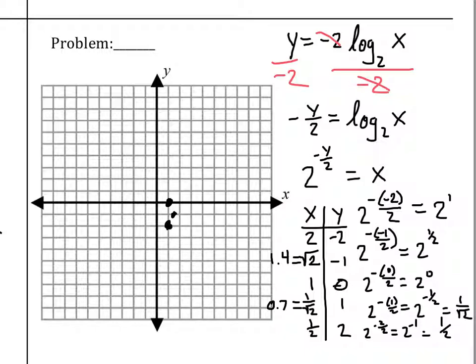Something's looking funky. Oh, duh, my first point. That's not where 2 is. 2, negative 2 is there. All right. Continuing on, 0.71, somewhere in there, and 1/2, 2 is somewhere in there.